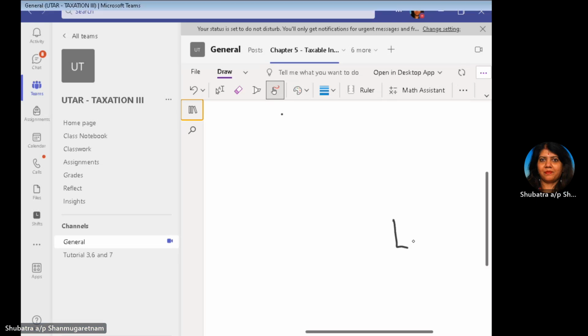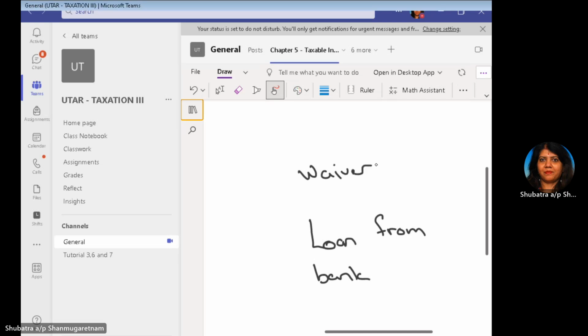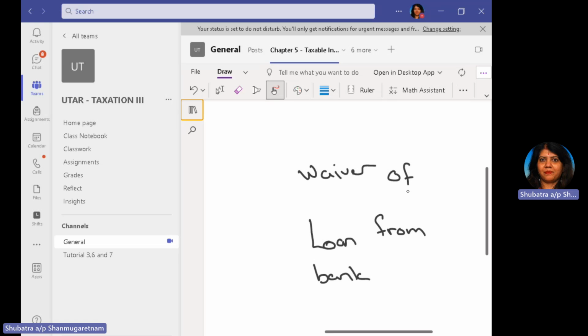Okay. Loan from bank. Waiver. Waiver of loan from bank. Hold on, guys. I just put waiver of debts first. Then I talk about banks.